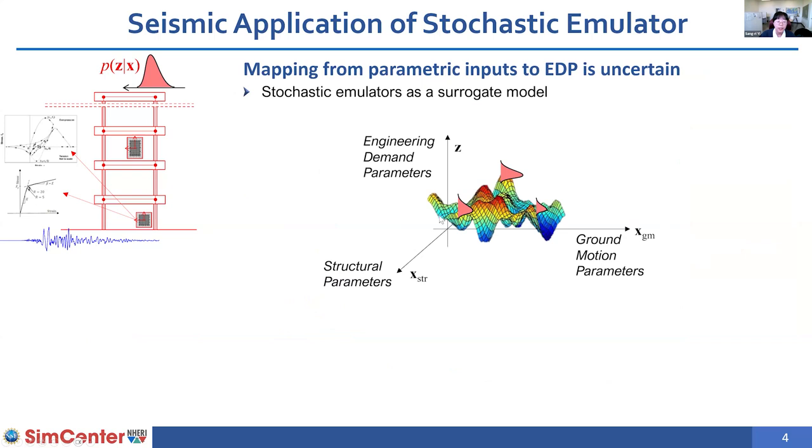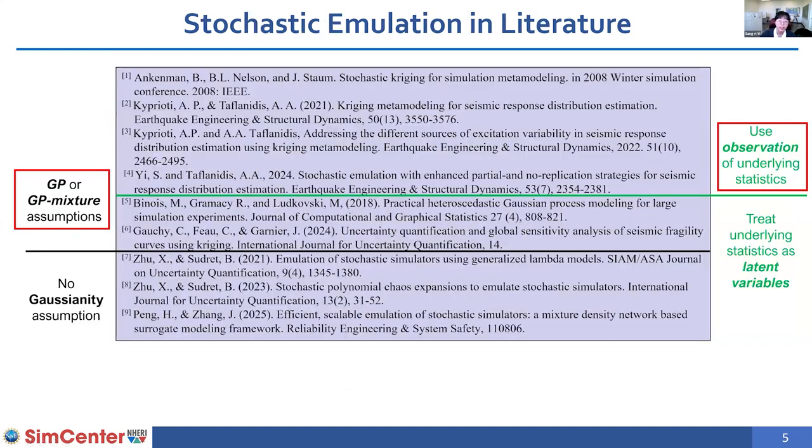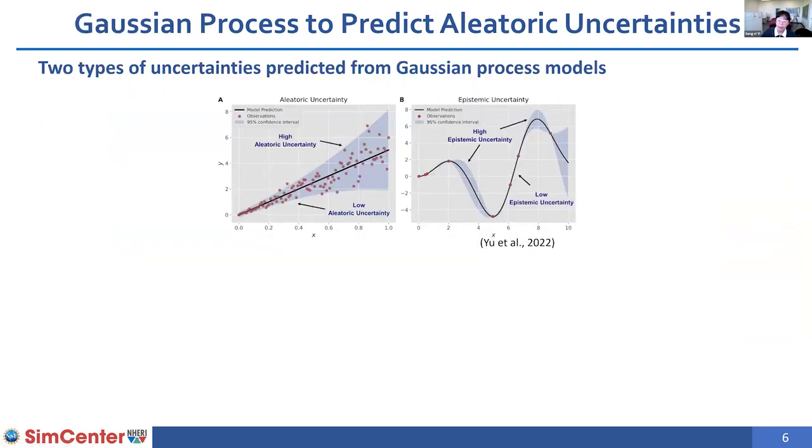That's why we need stochastic emulation for this type of earthquake problem. In earthquake engineering, capturing this kind of variability in the output is really important because it concerns high consequence scenarios. In the literature, there are different approaches to achieve these goals, but I really like using Gaussian process model-based approaches because they capture different sources of uncertainty in a natural and mathematically elegant way.